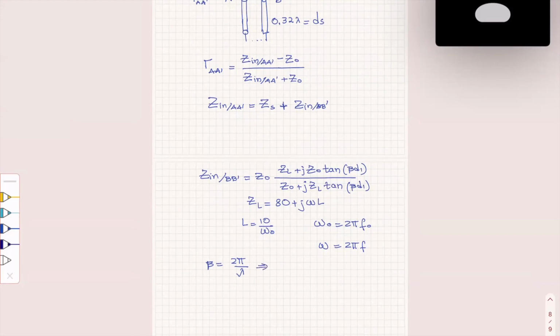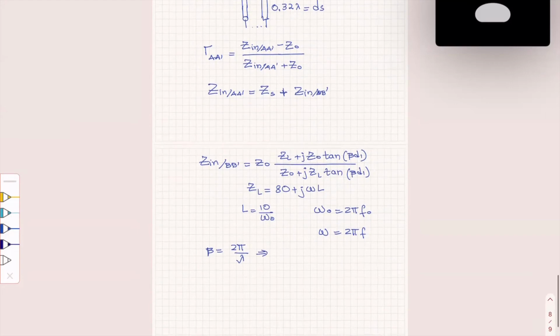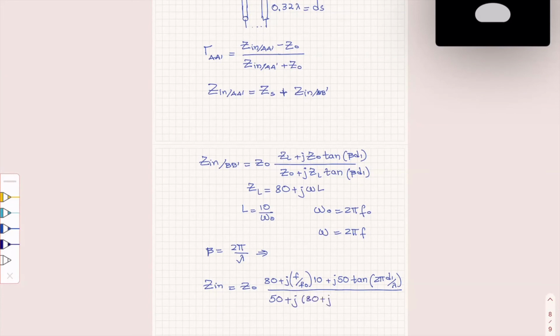So then, what do we have? We have found that Z input is going to be Z naught, which is 50 ohms, times ZL, which is 80 plus J F over F naught times 10, plus J 50 tangent of 2 pi D1 over lambda, over 50 ohms, Z naught is 50, plus J ZL, which is 80 plus J F over F naught 10, tangent of 2 pi D1 over lambda.